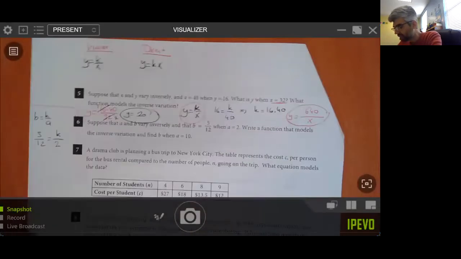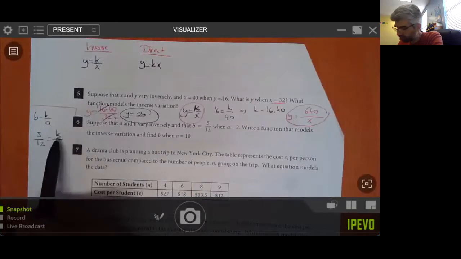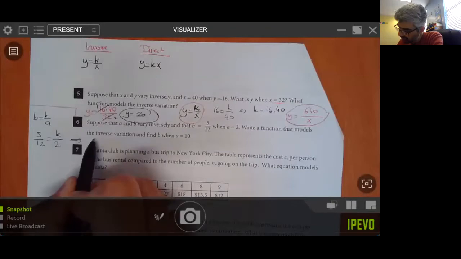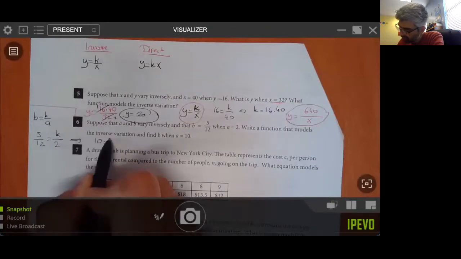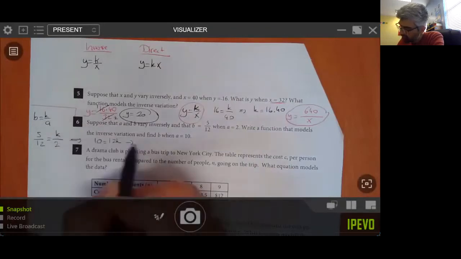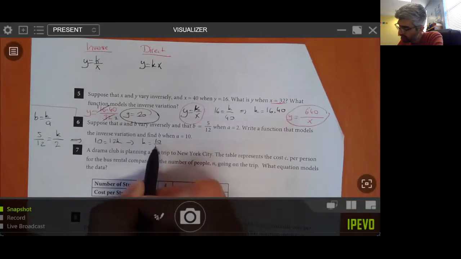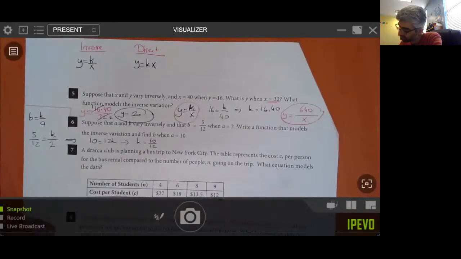So I need to find K first. How can I do that? I can make cross multiplication. So 10 equals 12K, and from here K is 10 over 12. I keep it 10 over 12 to make a simplification.